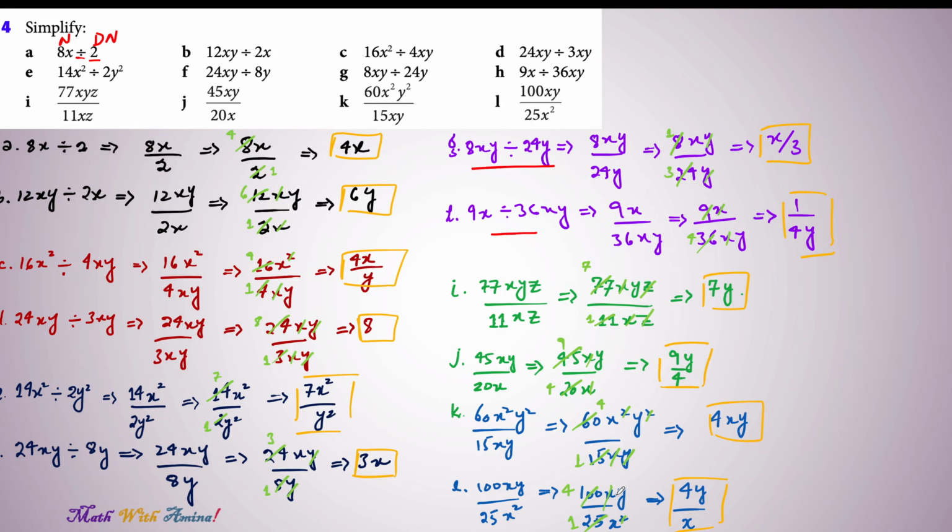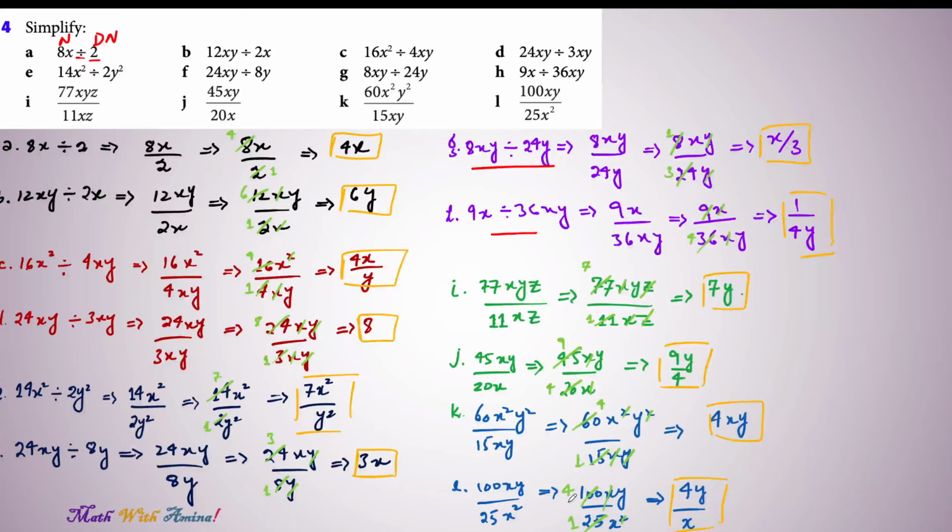Now looking into 4xy over x square, the variable x is mentioned once in the numerator and twice in the denominator. So 1 of the x in the denominator will get cancelled with 1x in the numerator, and y is mentioned in the numerator only, not in the denominator, so it will remain as it is.